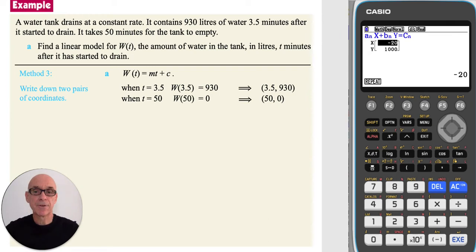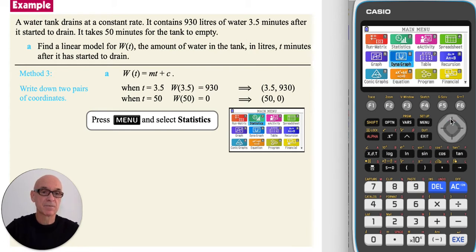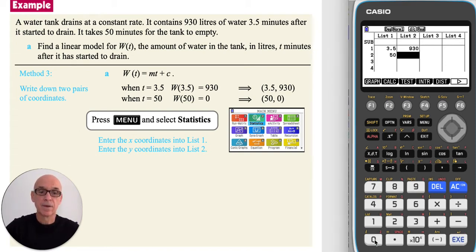If you're going to use method 3, linear regression, then again, once you've written down two pairs of coordinates, from the main menu, select Statistics. Enter the x coordinates into list 1, so those were the t values: the first one was 3.5, and the second one was 50. Enter the y coordinates into list 2, the w values, so that would be 930 and 0.